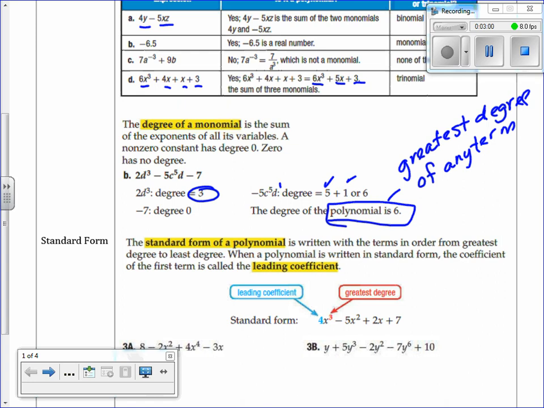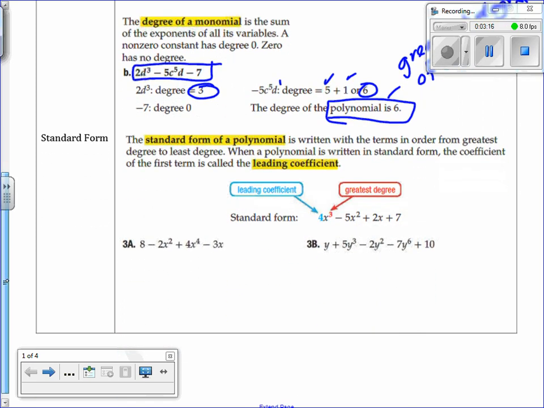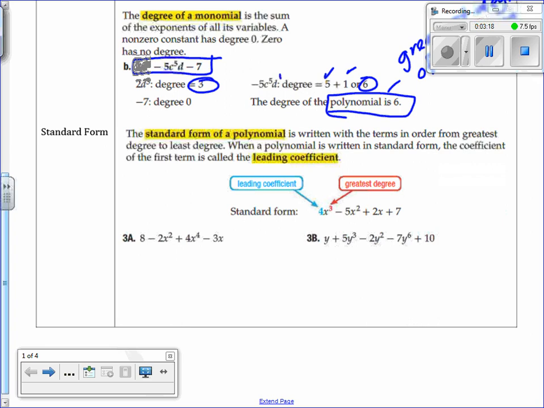Because it had the greatest degree of 6 for 5c to the fifth d, that's why we say the whole polynomial up here has a degree of 6. Okay. These are just some basic things that it's nice to know.